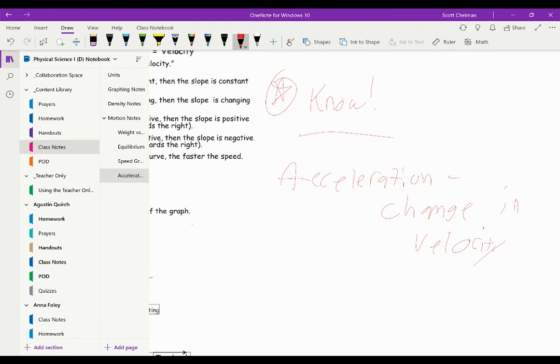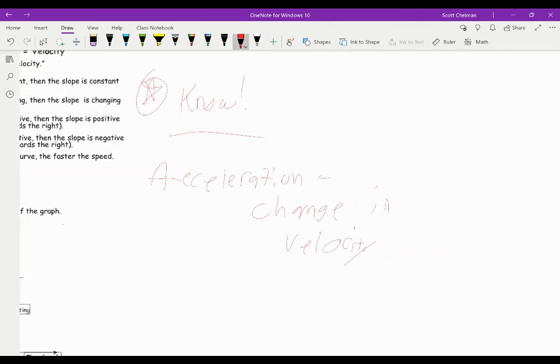Anytime velocity changes, speed changes, you have an acceleration. Now, in physics, whether it's speeding up or slowing down, we call them both acceleration. It's just a positive or a negative acceleration. That's all. We'll get more on that later, but just be aware of that terminology.